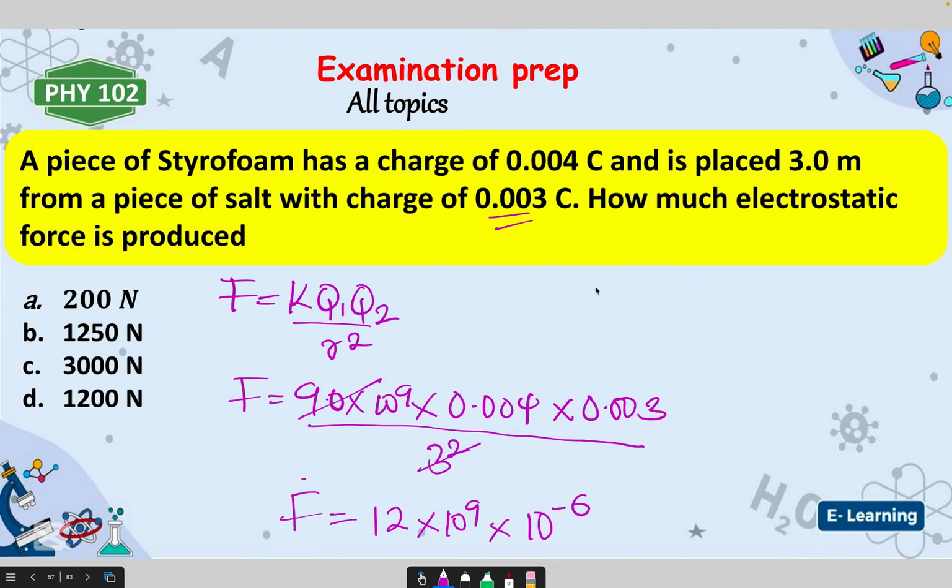Which of course will give us F is equal to 12 times 10 raised to the power of 3. Which of course is supposed to give us 12,000 Newton approximately.